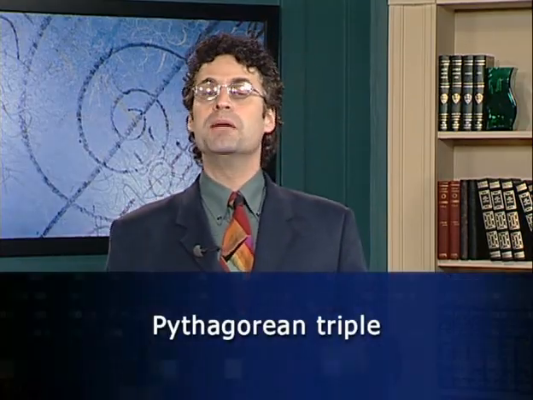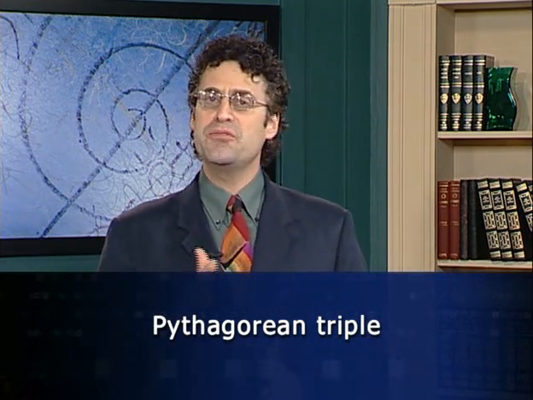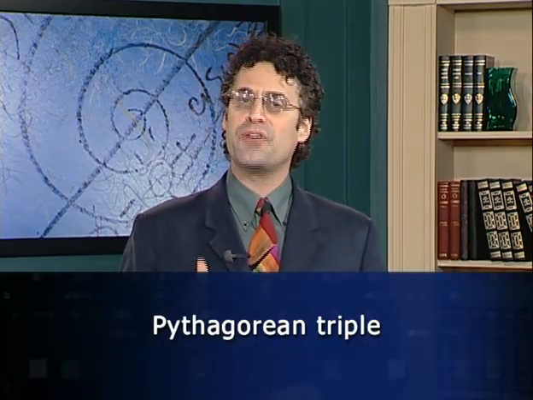Well, suppose we have a right triangle in which each side length is equal to a natural number. Then the triple of natural number lengths is called a Pythagorean triple. So the triple 3, 4, 5 is a Pythagorean triple, as is the triple 5, 12, 13. Those are both examples because they conform to the lengths of sides of right triangles where all the sides are natural number lengths.